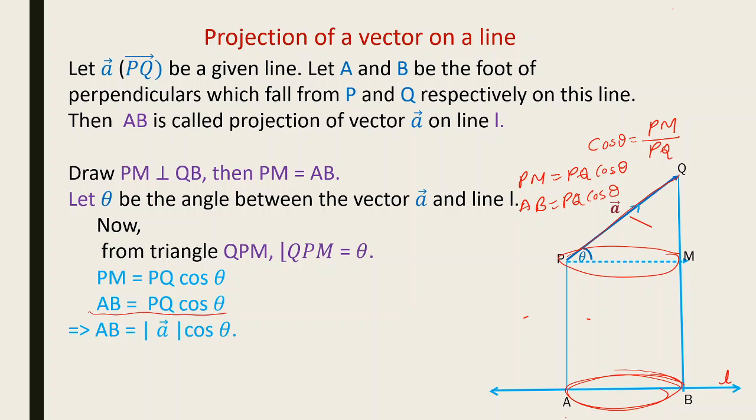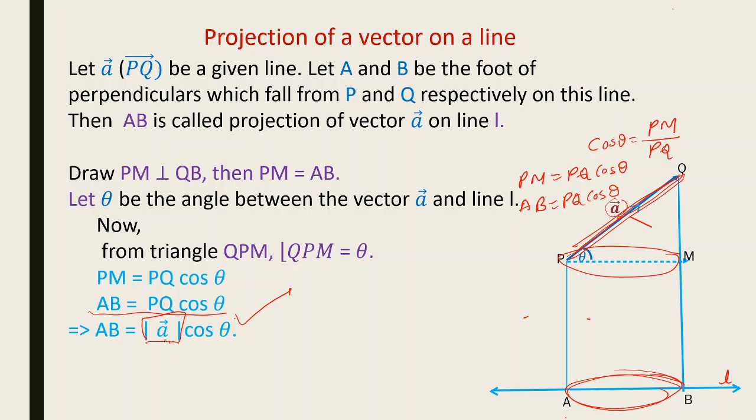Now PQ is nothing but the magnitude of A, because this is the vector A. The length of PQ, or the length of vector A, is the magnitude of A.